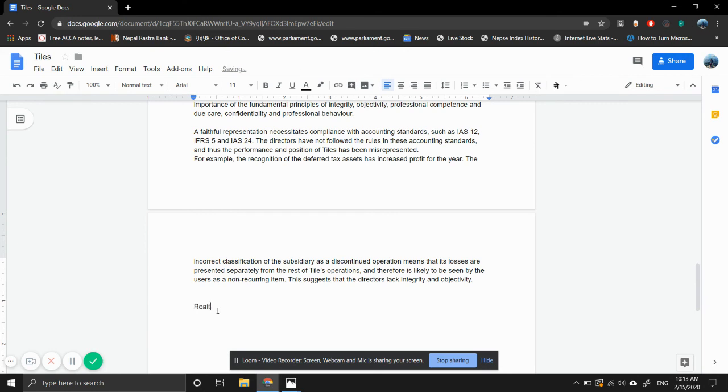Related party disclosures will impact the user's perception of an entity's past and future performance, as well as the success or failures of those who govern it.